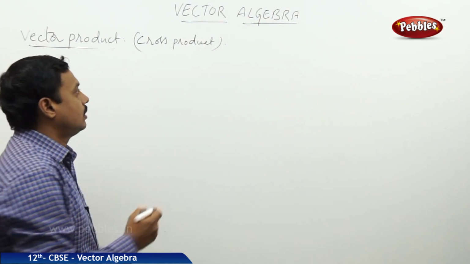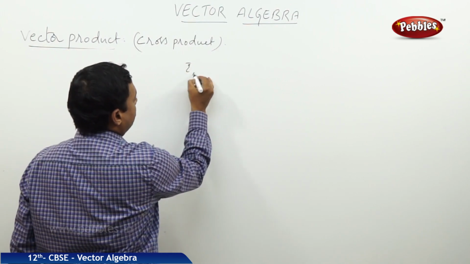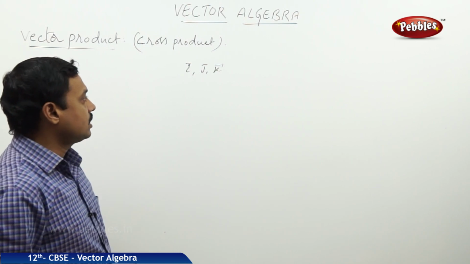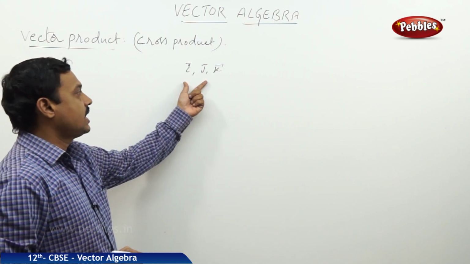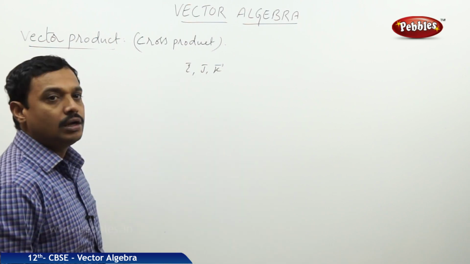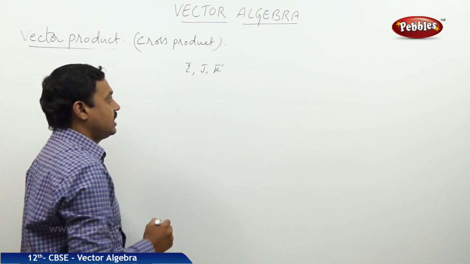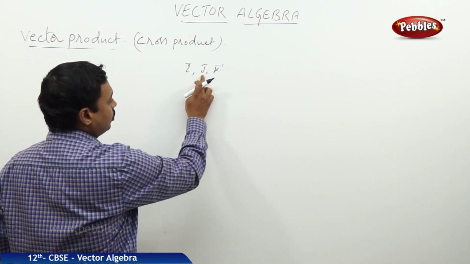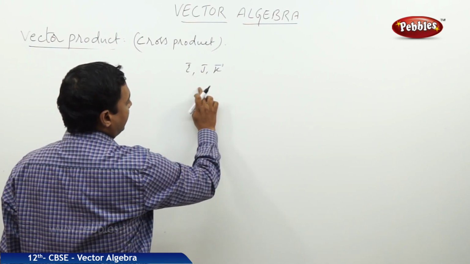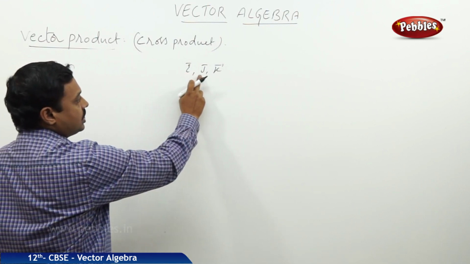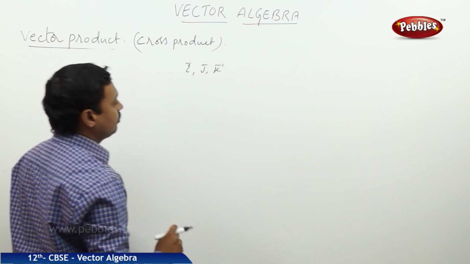We know that i bar, j bar, k bar are unit vectors as well as mutually perpendicular vectors, which lie on the coordinate axes x, y, z respectively. We know that i dot j is equal to 0, j dot k equal to 0, i dot k equal to 0, and i dot i is equal to 1, j dot j equal to 1, k dot k equal to 1.